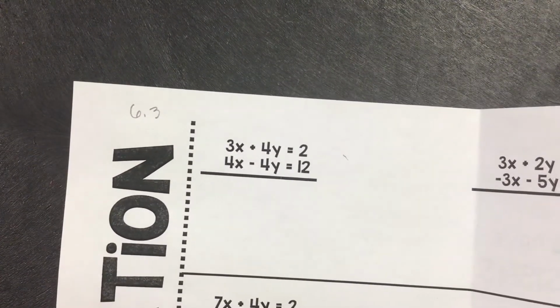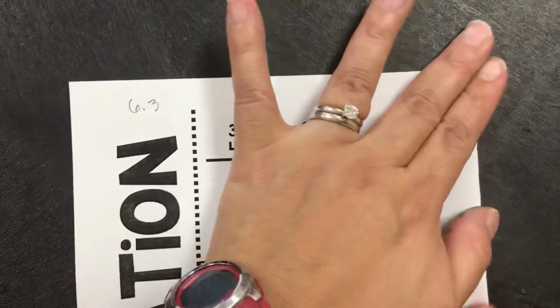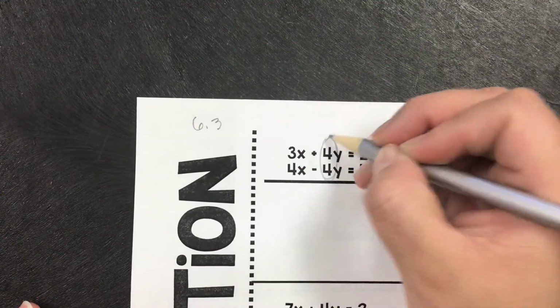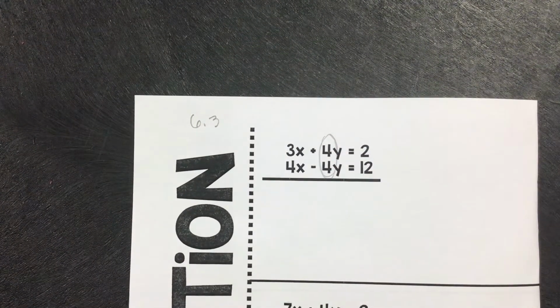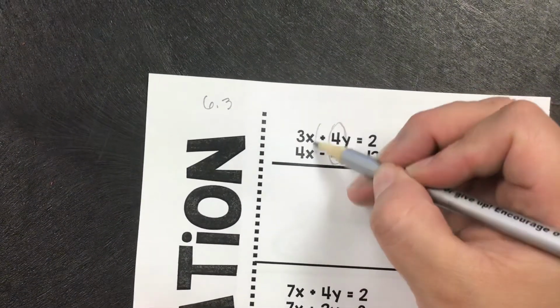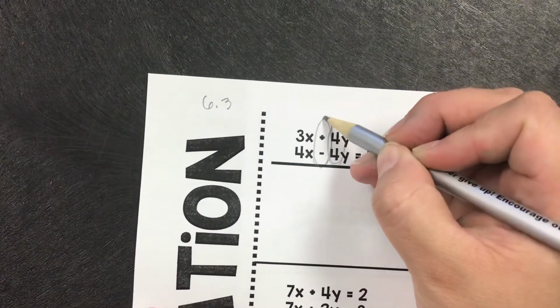So like I mentioned before, the first thing that you want to do is select the coefficients that are the same. Here are the same coefficients. To determine whether you have to add or subtract is by looking at the signs in front of them.